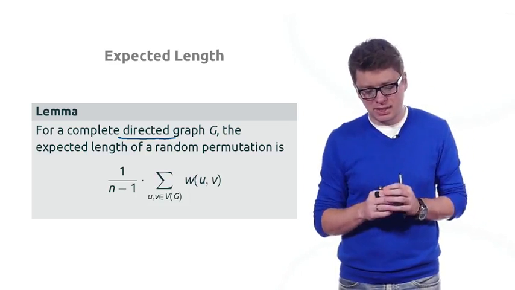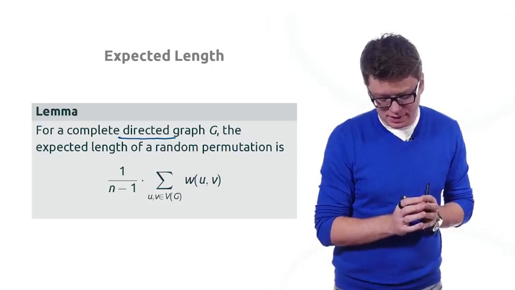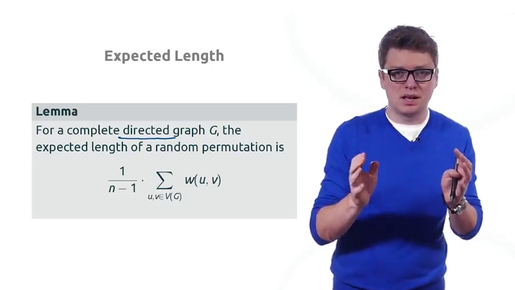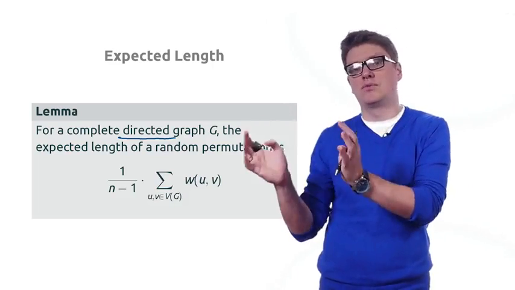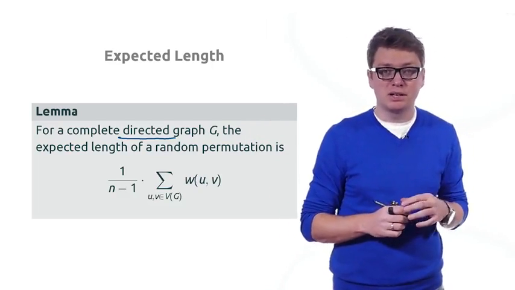Since the expectation is linear, we can compute the total weight as the sum of expectations of all the edges, which gives us the sum of all edges divided by n minus 1.